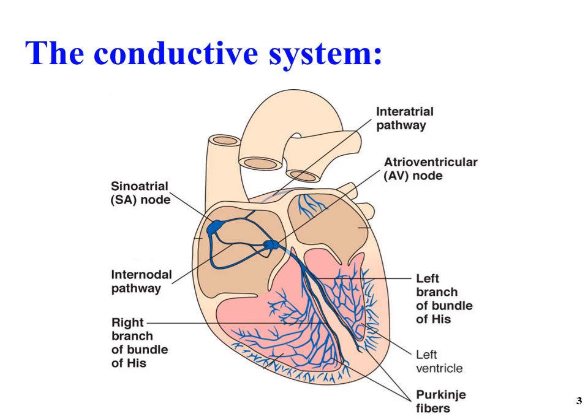The only way for the action potentials to reach the ventricles is through the AV node.